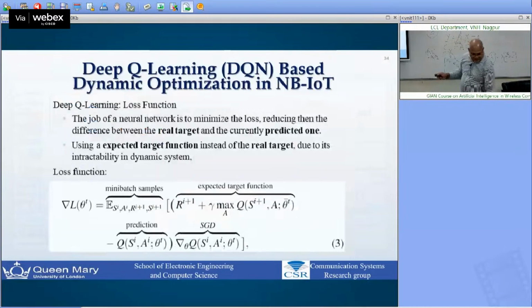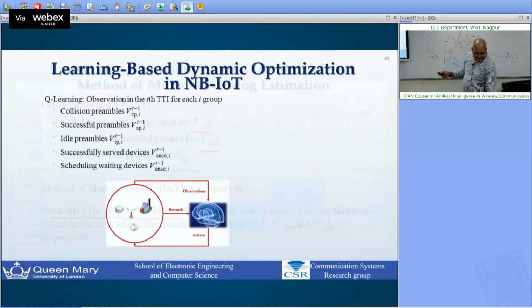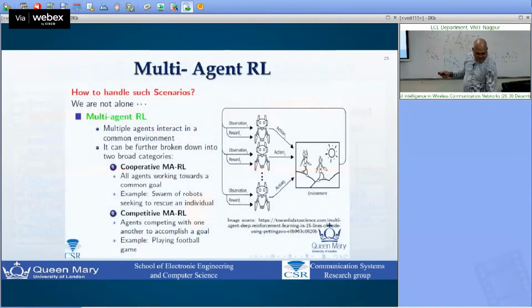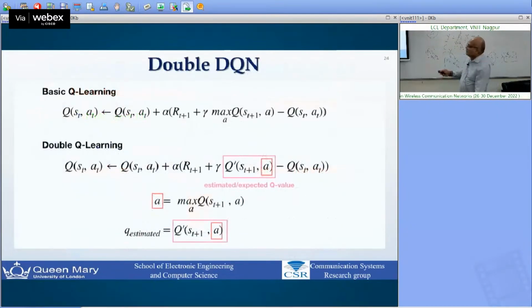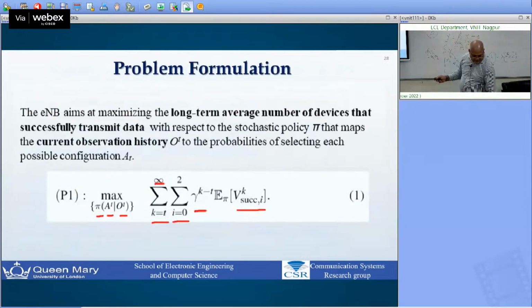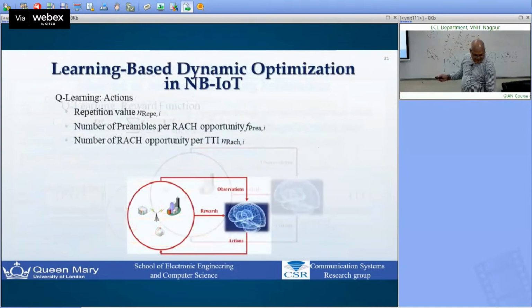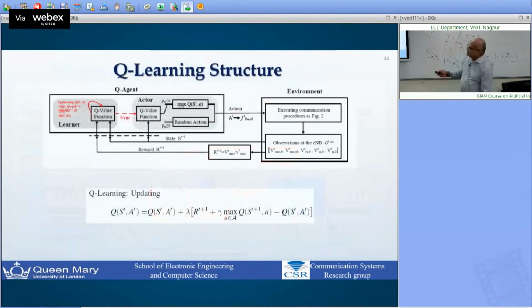Because to calculate the loss function here, if you use just basic Q learning, we don't have double, so it is like this. This is the implementation. If you don't use the double, just Q learning, this is the Q value update.